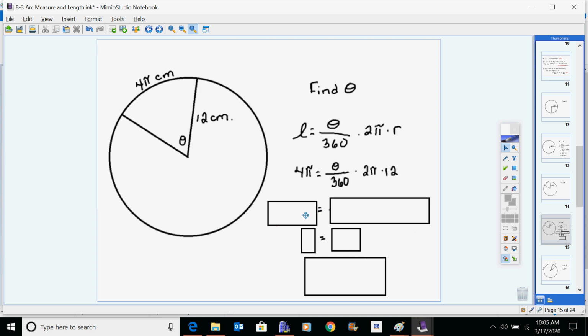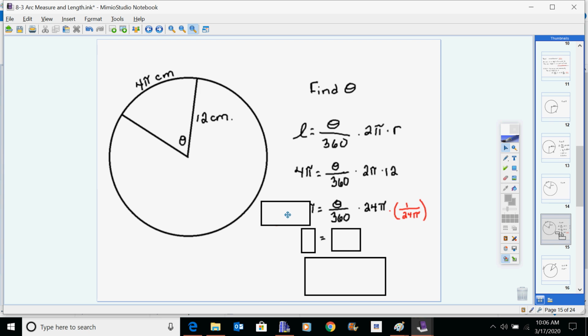Okay. Now, there's a couple of different ways to handle this. What we can do is we can work to get rid of the things that are surrounding the theta. If we multiply by 1 over 24 pi, it's going to cancel out the 24 and pi.